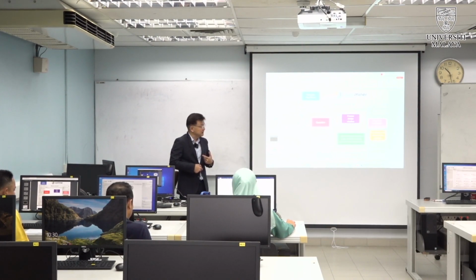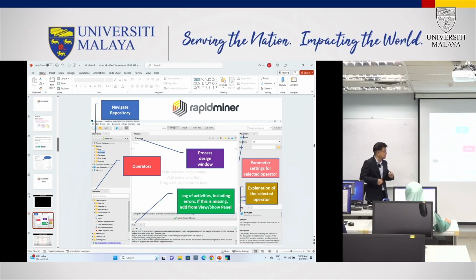So what you need to do is just select the operator and drag to this empty space. Okay. So this is called the process design window. Whatever your machine learning process of those 5 steps, you can implement in this window.